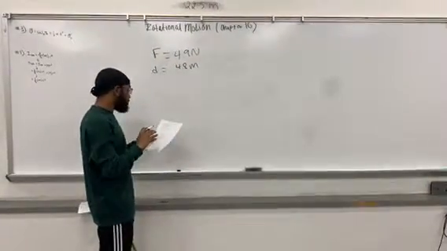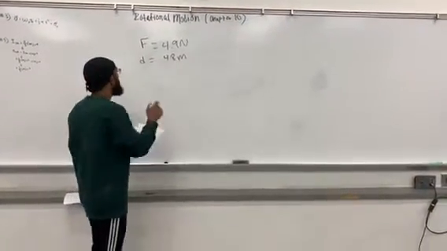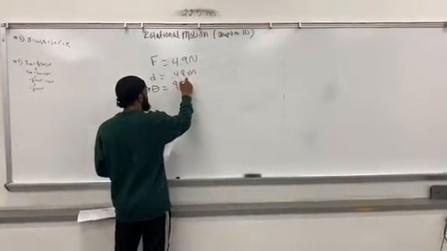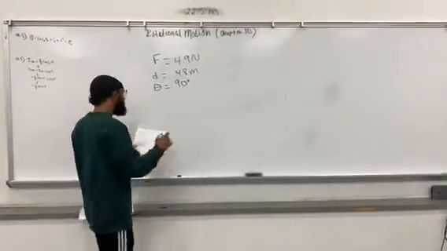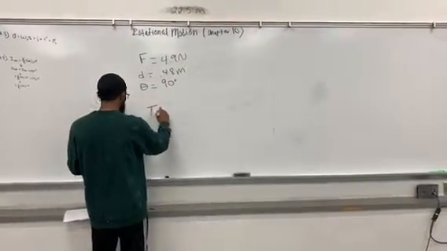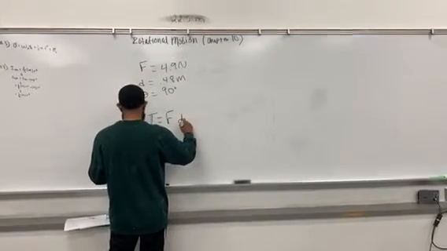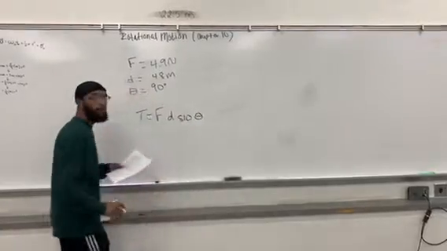It also says that the force was applied perpendicular, which lets me know that my angle is a 90-degree angle. So let's do the work. So tau, which is torque, equals my force times distance times sine of theta.